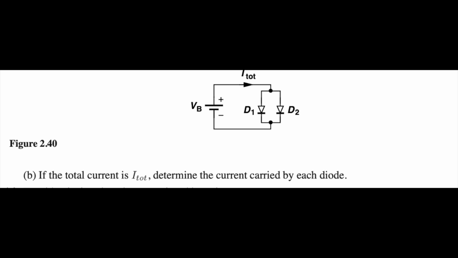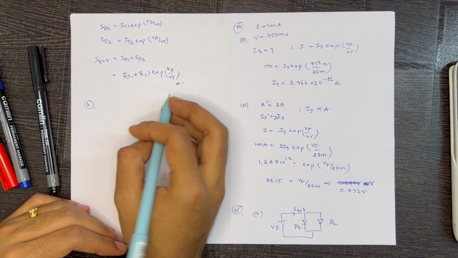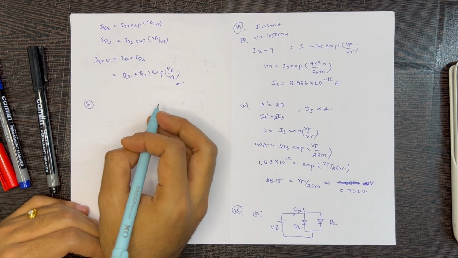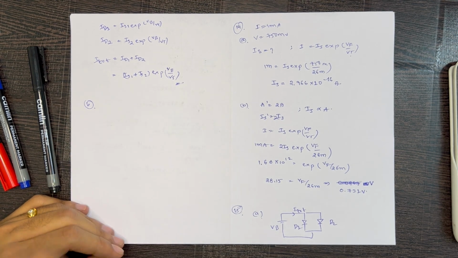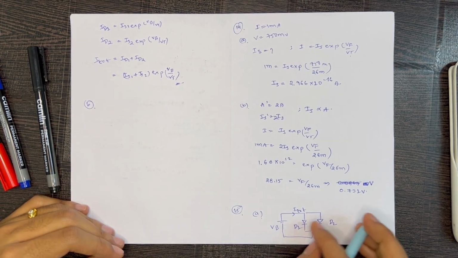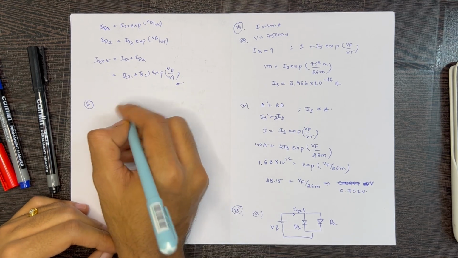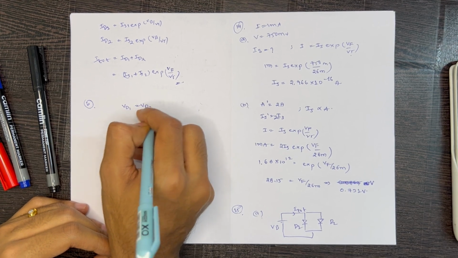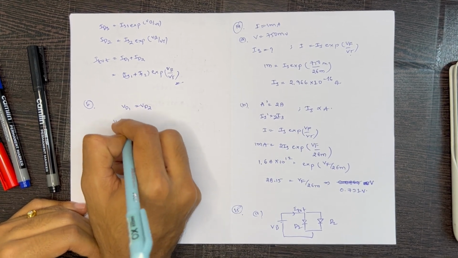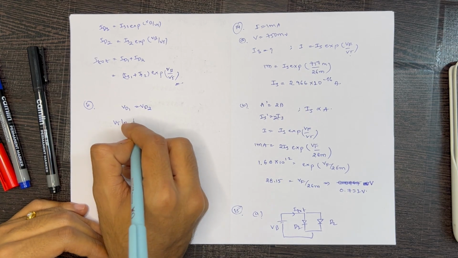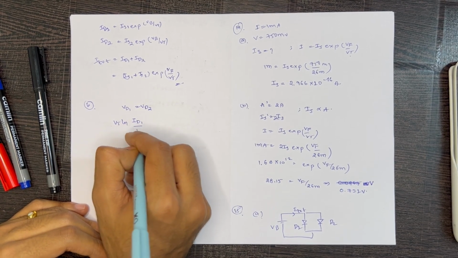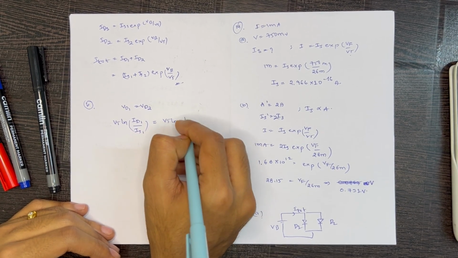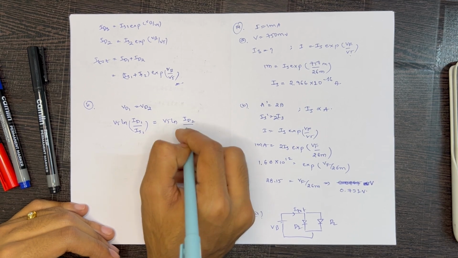They're asking to find the current carried by each diode. Both the diodes have voltage VB, so VD1 equals VD2. VD1 is VT ln ID1 by IS1. VD2 will be VT ln ID2 by IS2.